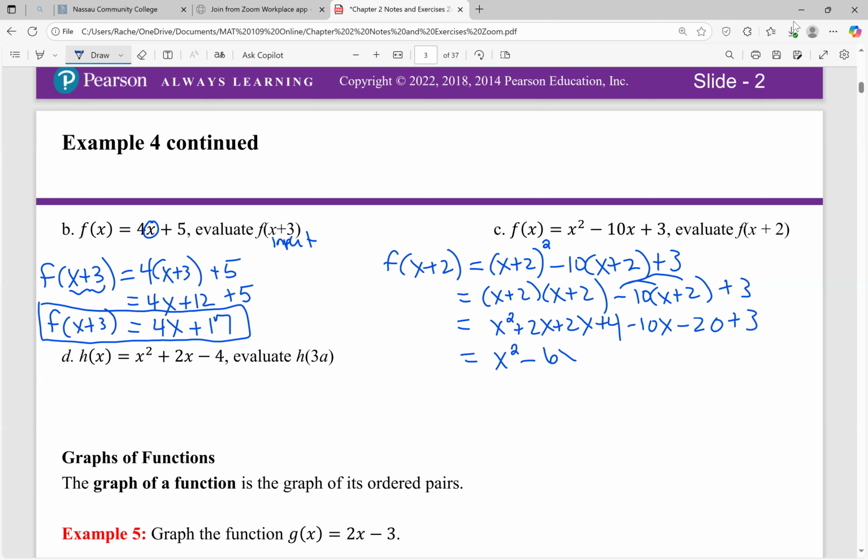So that's going to be a minus 6x. And then I have a 4, a negative 20, and a 3. So that's going to be minus 13. So f of x plus 2 is equal to x squared minus 6x minus 13.